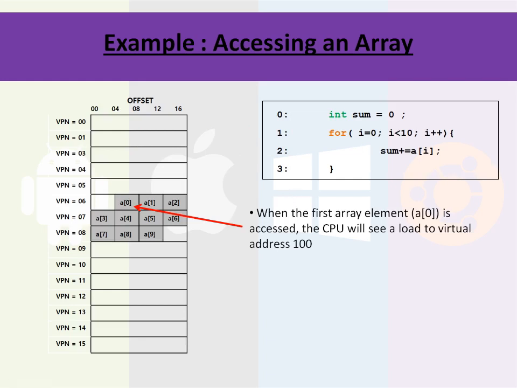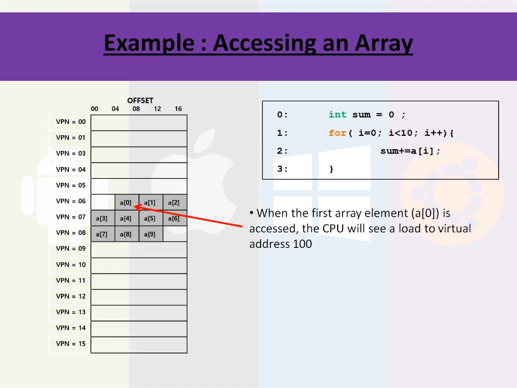For the sake of simplicity, we'll pretend that the only memory accesses this loop generates are to the array itself. So we're going to ignore all the accesses to variables like i and sum, as well as to the instructions themselves. And here we can see when the first array element A0 is accessed, the CPU will see a load to virtual address 100.